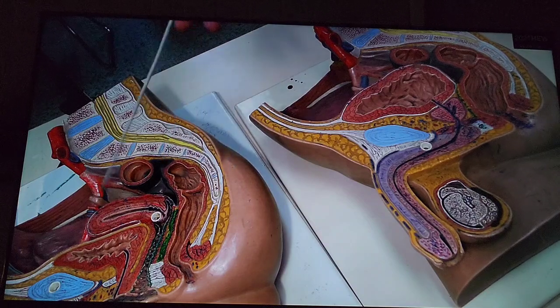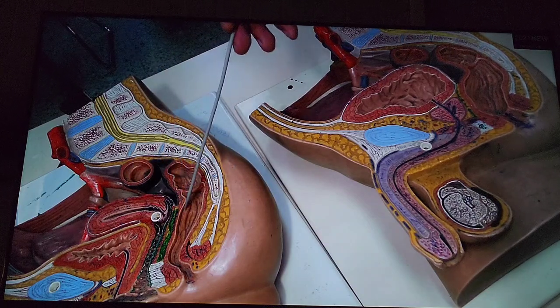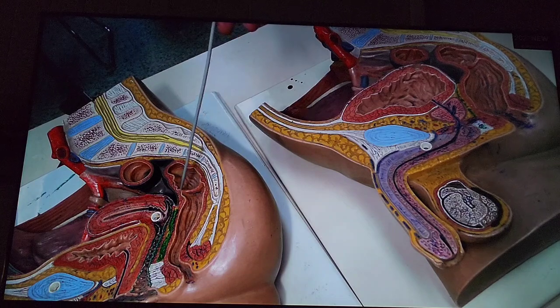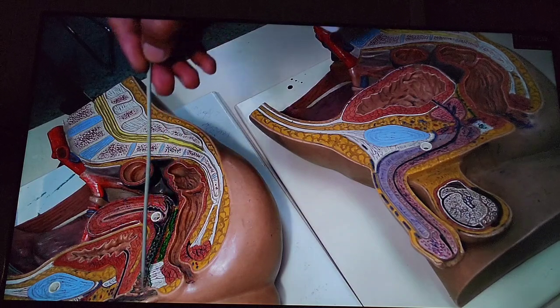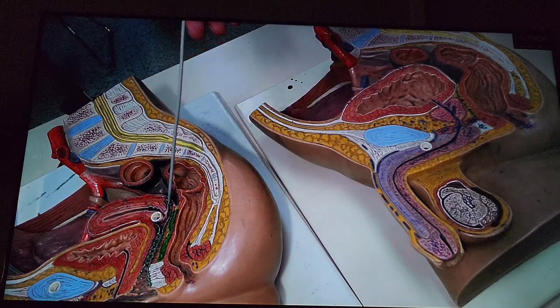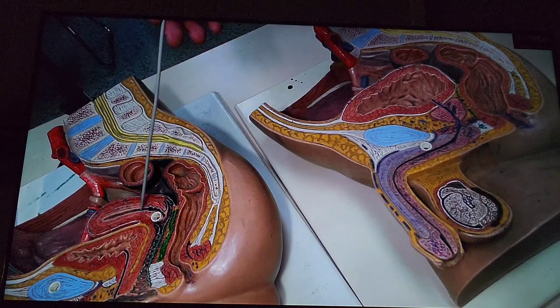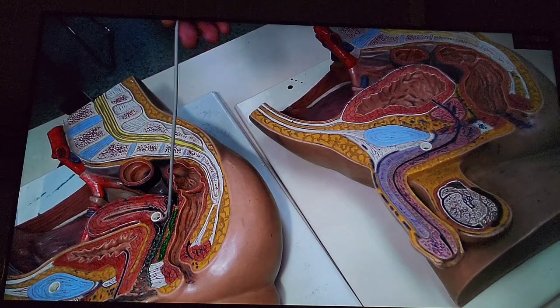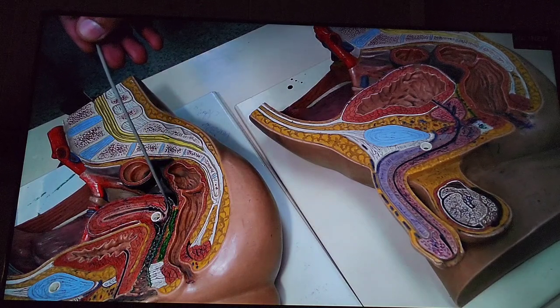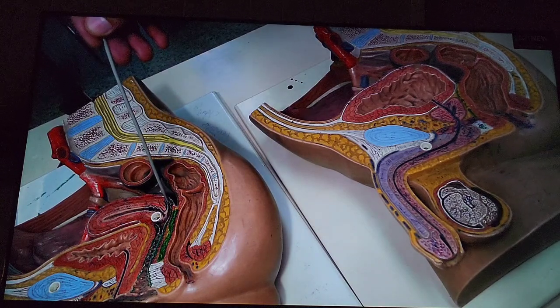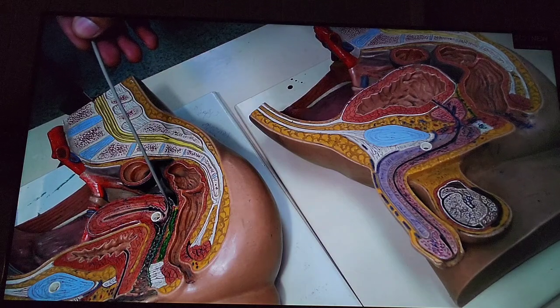The peritoneum leaves the rectum and passes on the posterior aspect of the upper third of the vagina. This is the vagina, and we can see the uterus above the upper part of the vagina, leaving the fornix, and this is the posterior fornix of the vagina.